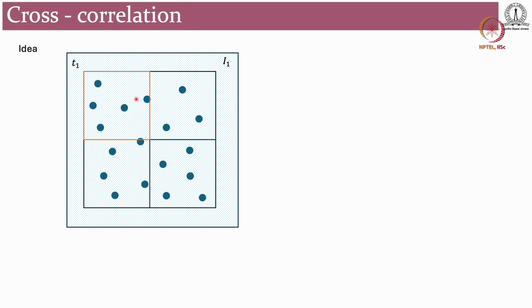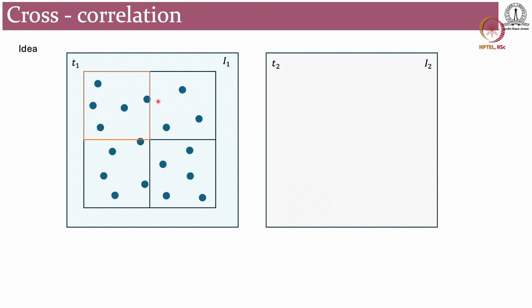Now we will just talk about this orange window. Now we have another image I2 which is taken at time t2, that is basically t2 is nothing but t1 plus some delta t, and now we see how much this orange window has shifted in delta t time.